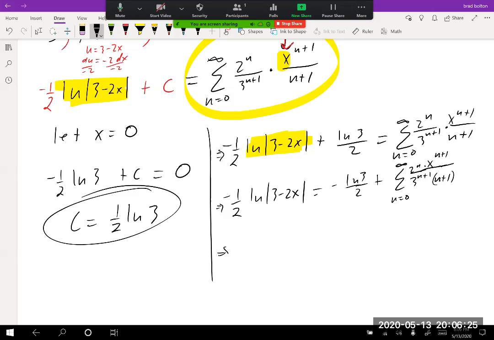So this will become ln of the absolute value of 3 minus 2x equals, multiply everything by -2. Let's see what happens. It's kind of wrong how I wrote that. Let me write this a little better.